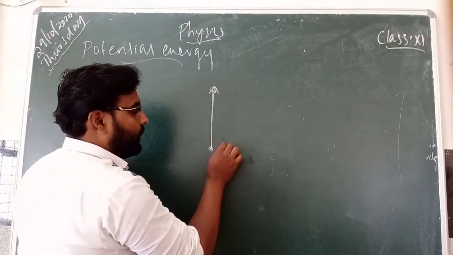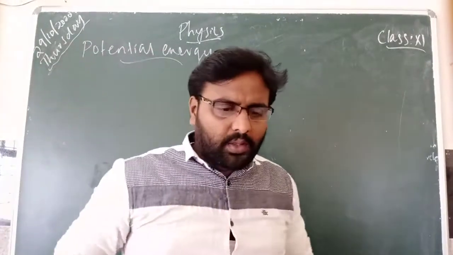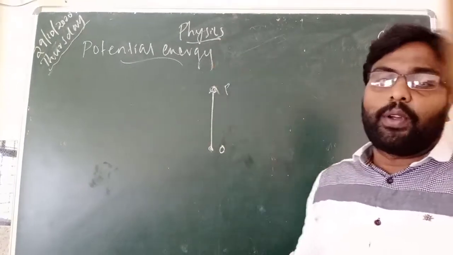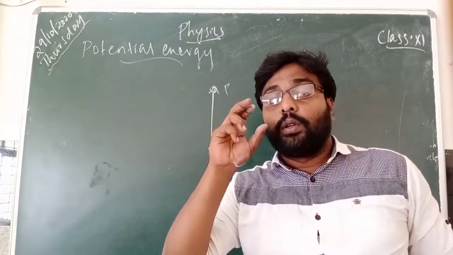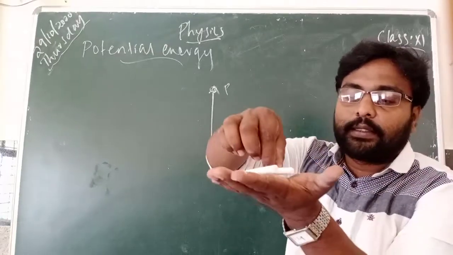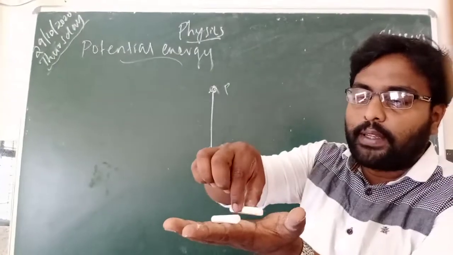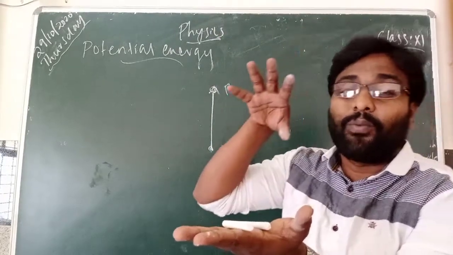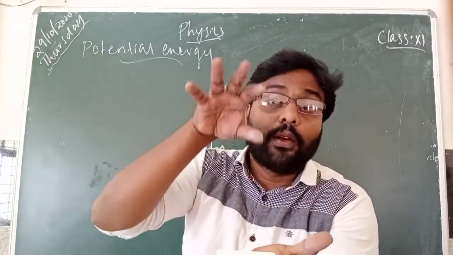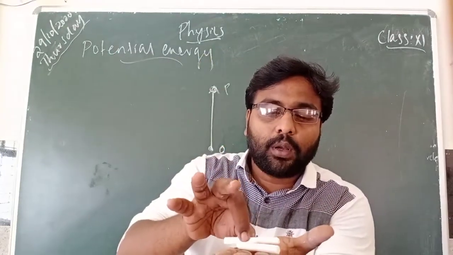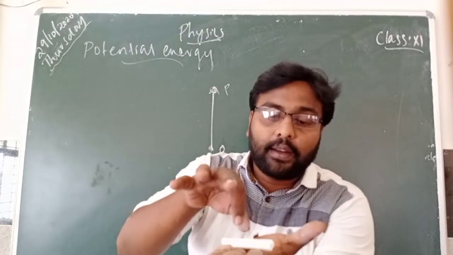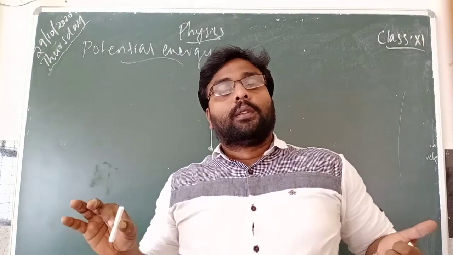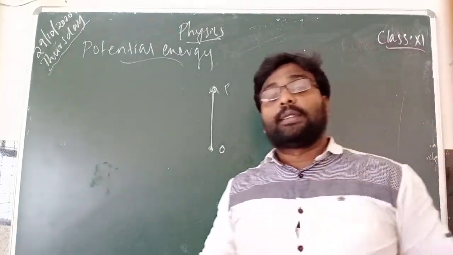You can call it the point P. From the point O, the object is lifted upward. If you want to lift this object upward, some force has to be applied. When I apply the force on this object, some work is done, and the object is displaced. This is what we are calling potential energy.